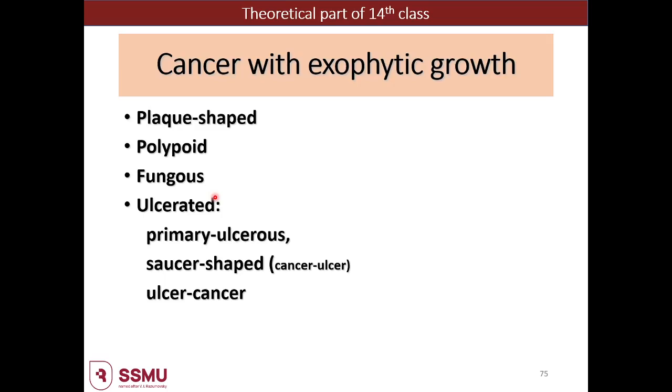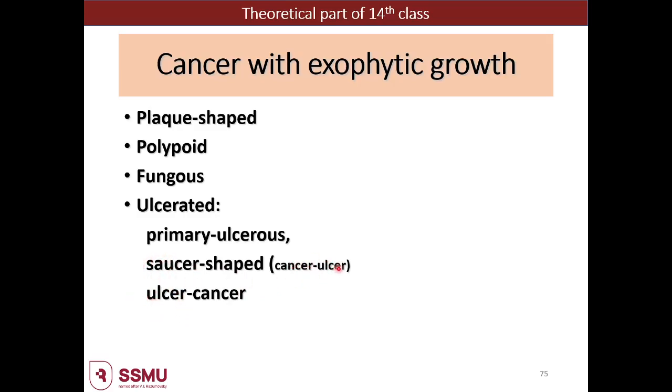Ulcerated type of cancer in the stomach may be primary ulcerous cancer, cancer ulcer, or ulcer cancer. Ulcer cancer is a malignant complication of ulcer disease.